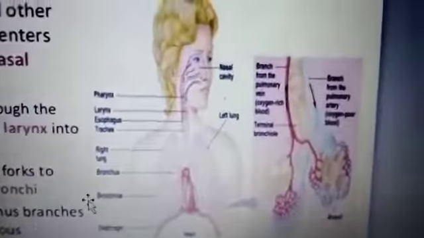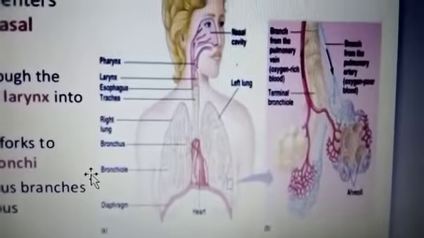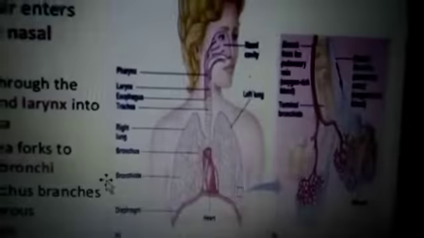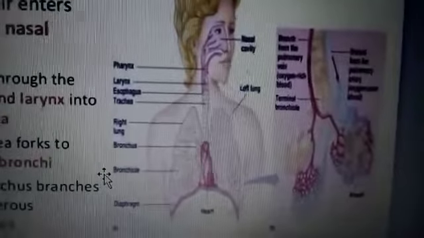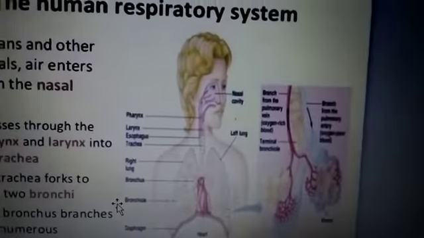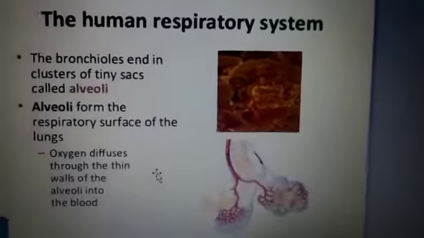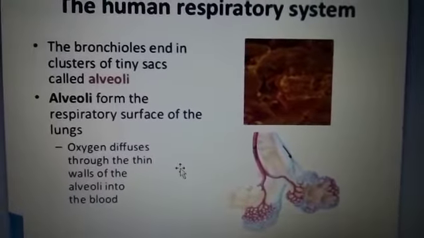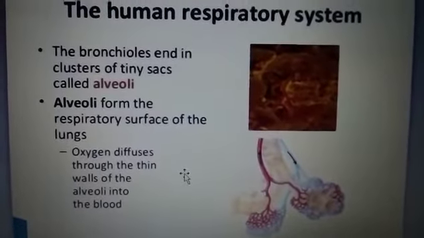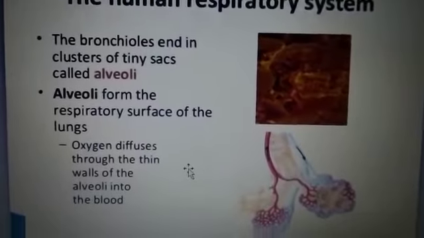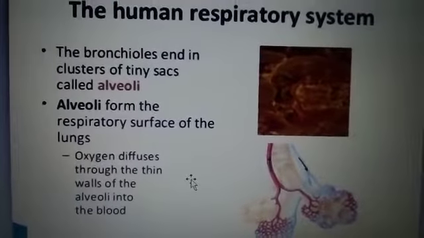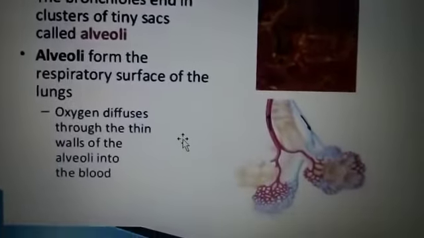See the structure. You can pause the video and watch the structure. So the bronchioles end in clusters of tiny sacs called alveoli. Alveoli form the respiratory surfaces of the human lungs.